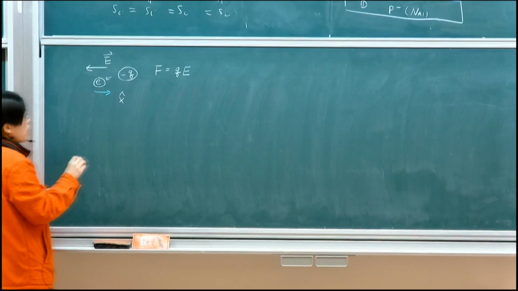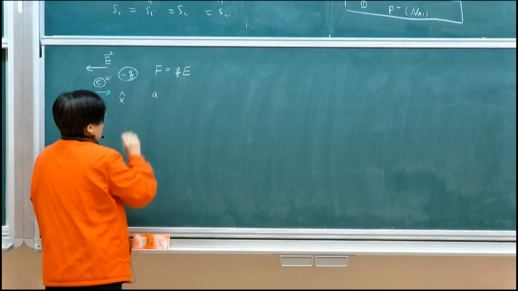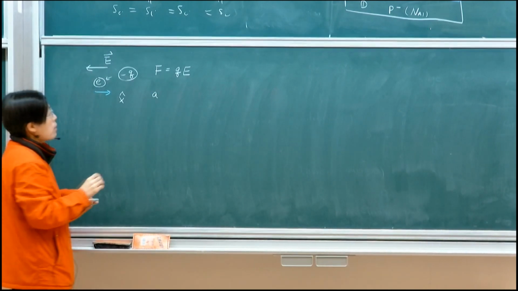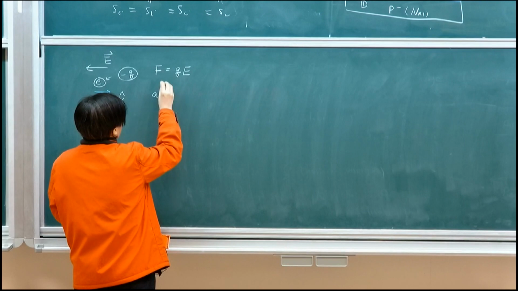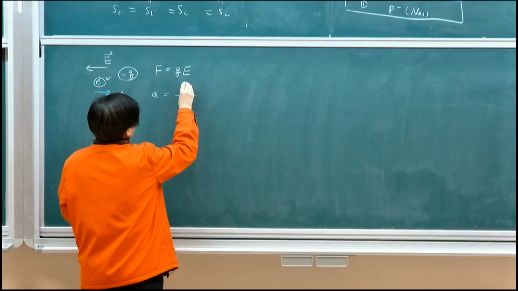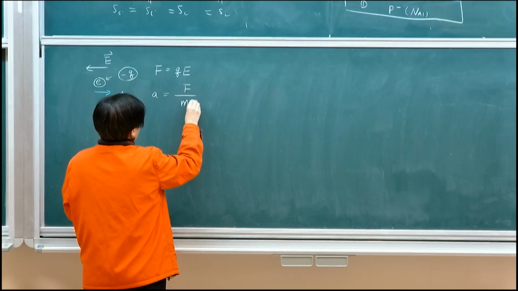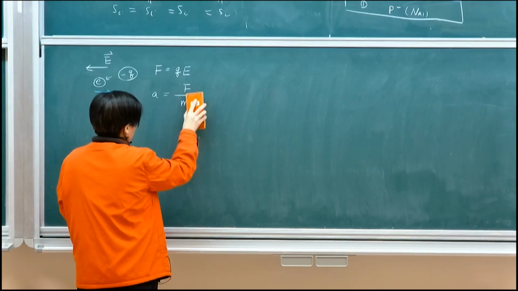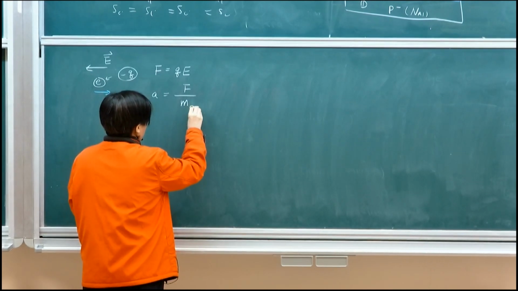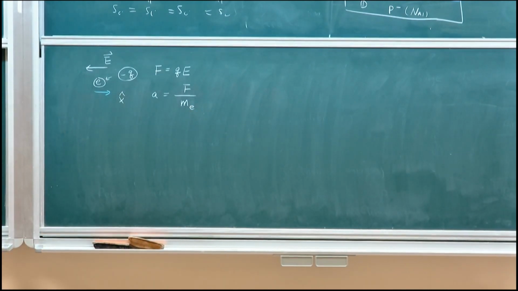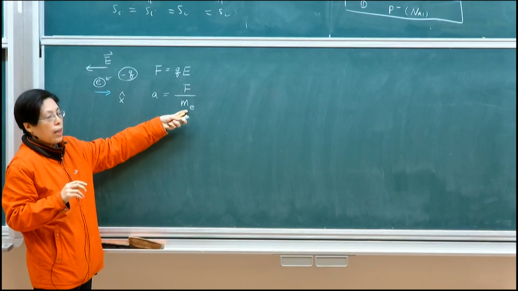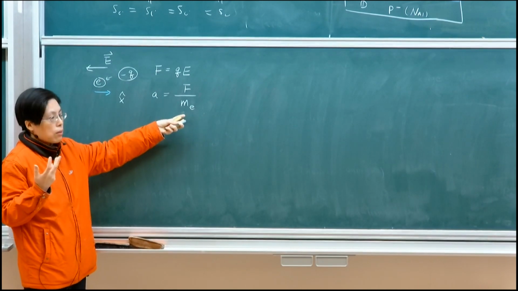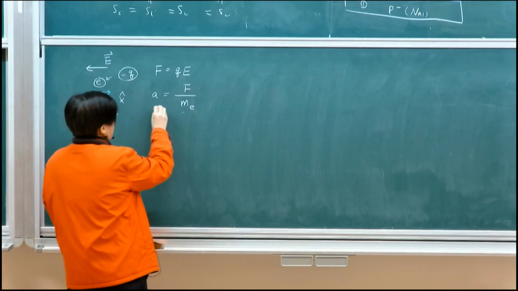Newton's first law tells us that it would then experience an acceleration, right? It will be accelerated by F equals ma. So a will be F divided by the mass of the electron. We call it the electron mass or effective mass, because the mass is not the same as in free space, but we're not going to talk about that. We just assume that the electrons have an electron mass.